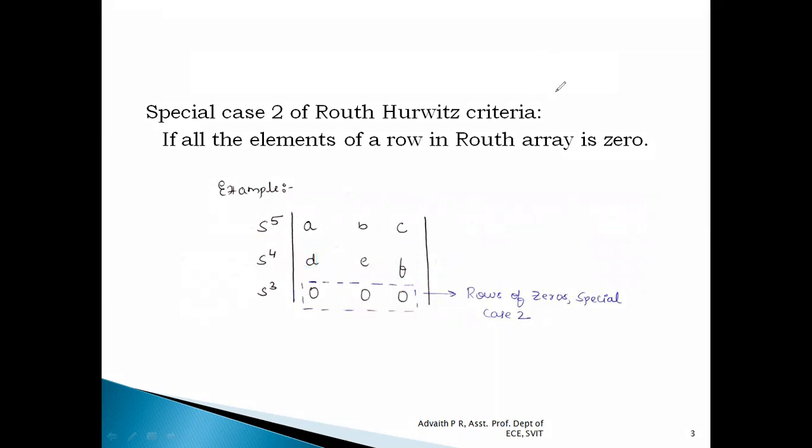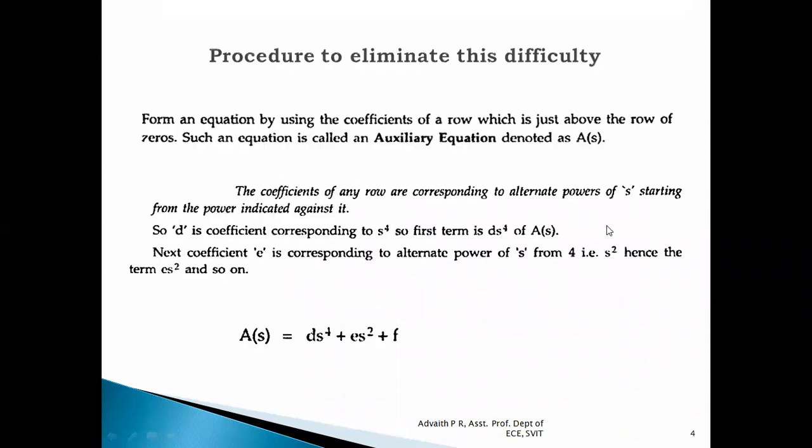This auxiliary equation has to be formed by following certain steps. The coefficients of the row correspond to alternate powers of S, starting from the power indicated against it. Hence, D is the coefficient corresponding to s to the power of 4. So the first term of the auxiliary equation is D s to the power of 4.